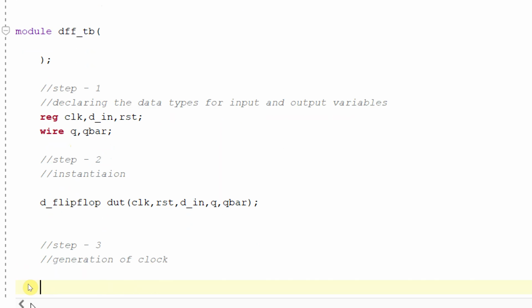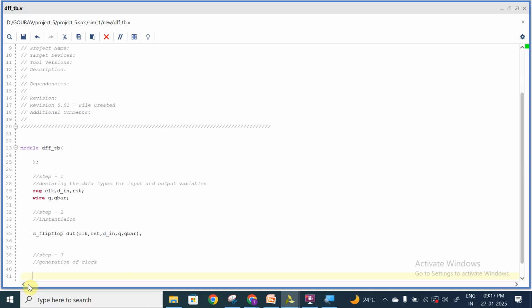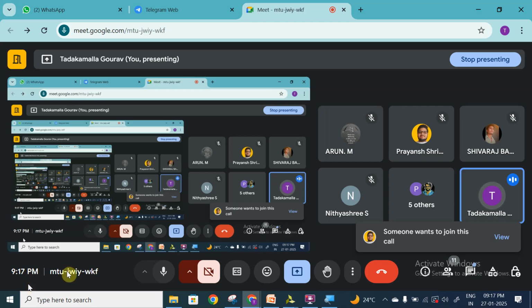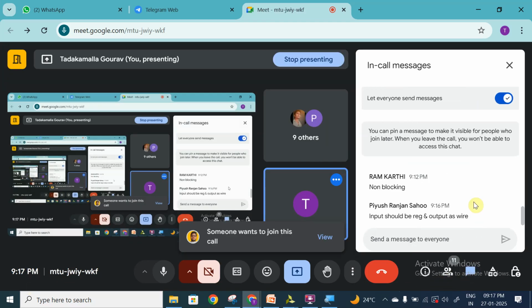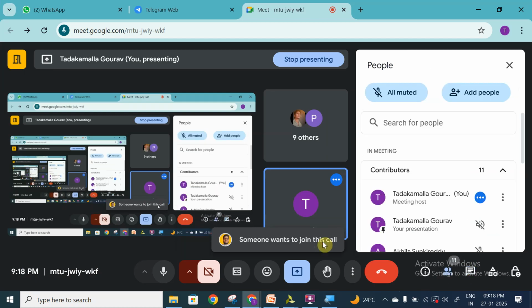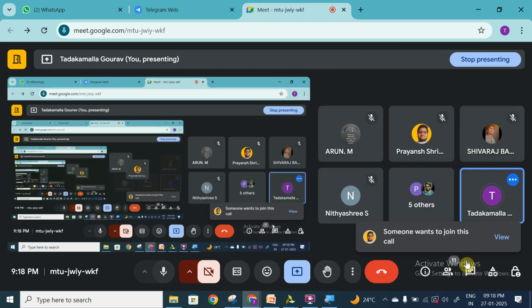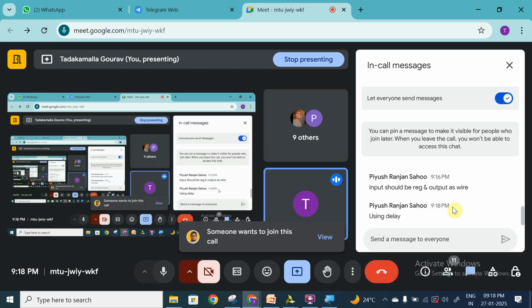So how are we going to generate a clock? Can anyone answer? Using delay.